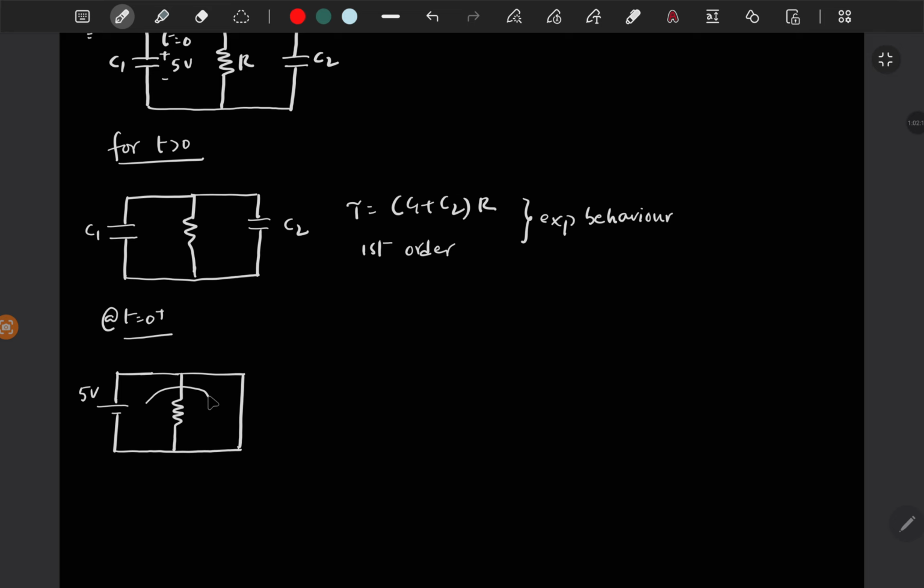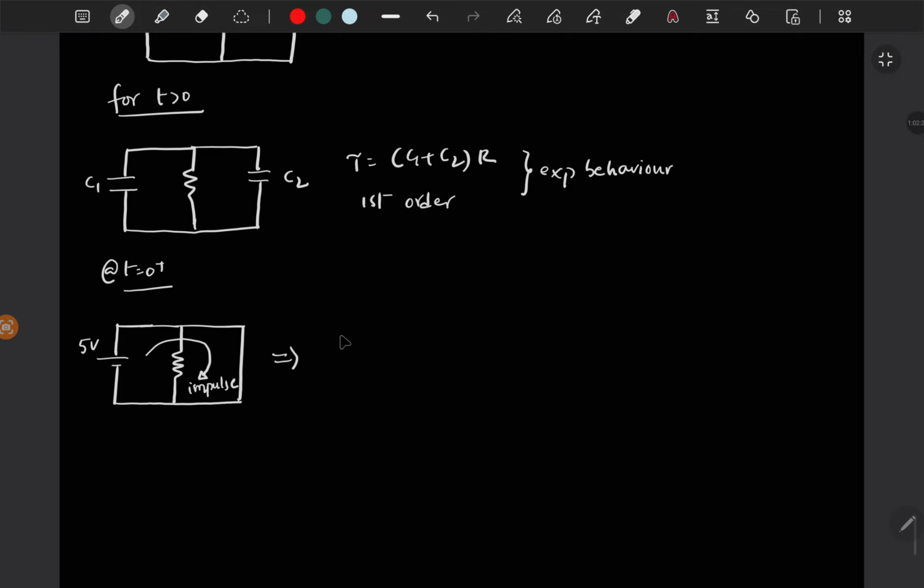Since this is short circuited across the voltage source, you will get impulse current. If you have impulse current, of course there should be a sudden change of voltage. If you want to find that voltage, then represent the capacitor with lower impedance.